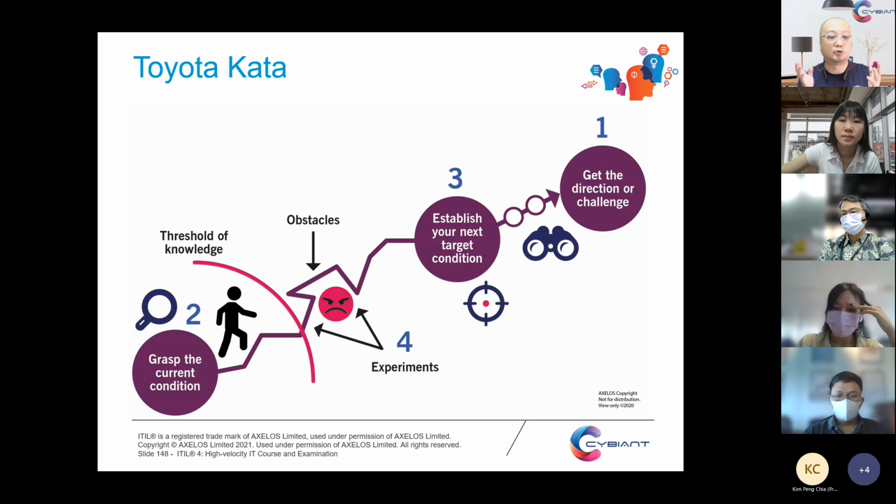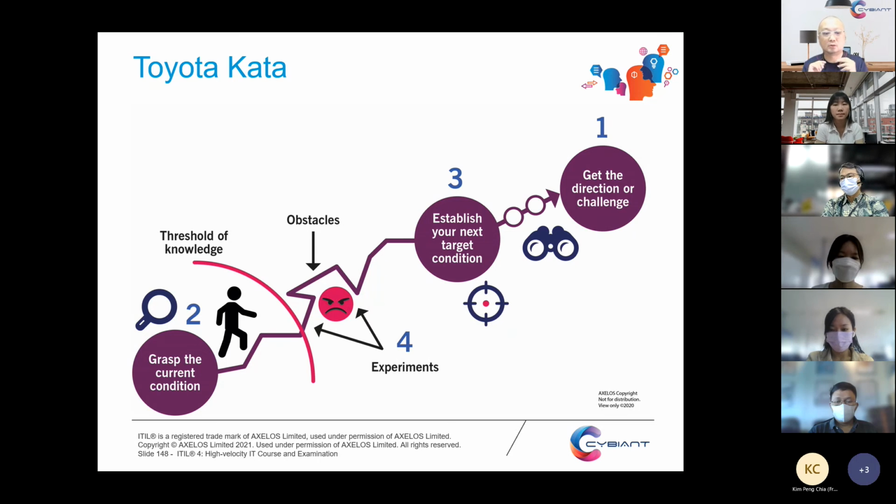What do we know? Why are we achieving 80%? So do an assessment of that. Then step number three, if we're going to reach from 80 to 85%, look at step four, what are the obstacles, what is stopping us from achieving the 85% that we spoke about. That's all there is to it. Very simplified Toyota Kata.